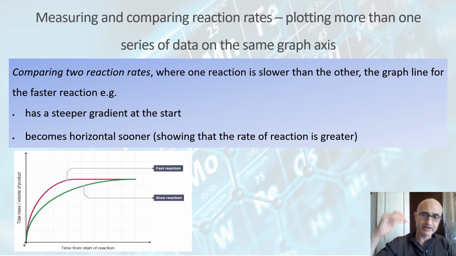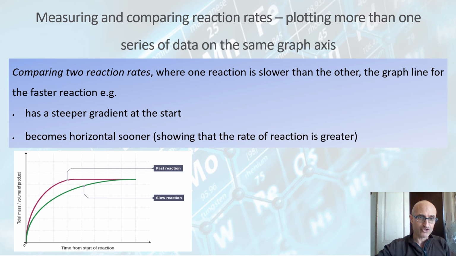It is very clear that the steepness of the curve will vary. Now, over here, I have a particular example. Let's imagine we had the exact experimental data for the fast reaction.